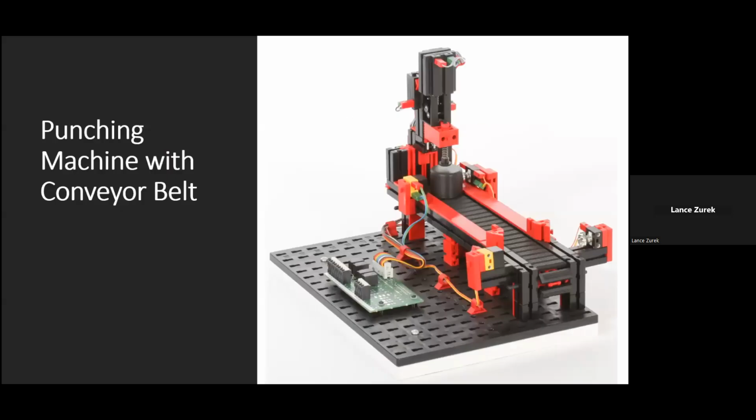The next model is a variation of the conveyor belt, but this time it incorporates a punching machine. So this features essentially the same conveyor that we just looked at, except this time with the machining station built onto it. Components on this model include 2 XS motors, 2 push-button limit switches, 2 photo transistors, and 2 LED light barriers.